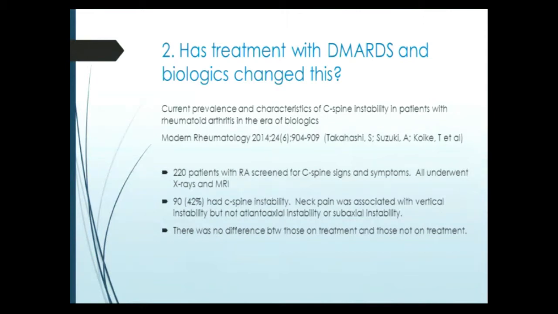A lot of other studies had shown even higher numbers. So it was a lower incidence, but there was no difference between people who were on treatment or not. They said the small study wasn't really powered properly, but they couldn't really say that being on treatment decreased the incidence of instability.